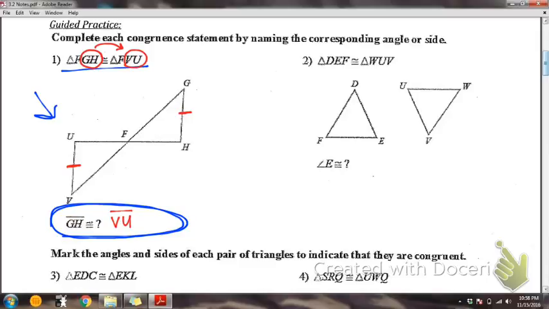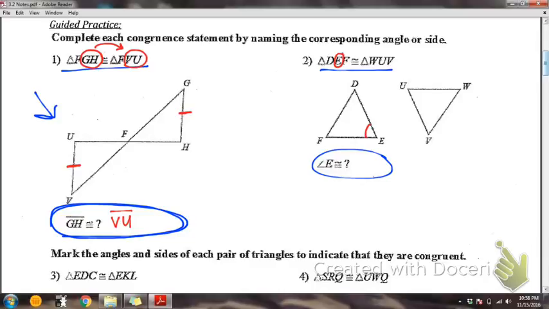Okay, so if we look at number 2, it gives me the congruency statement and then it says tell me which angle goes with angle E. Now again, if you're just looking at this picture, it appears as though multiple angles could go with E, right? And the diagram is flipped upside down, so this is a time where you can't depend on the diagram. So instead we're going to depend on the congruency statement.